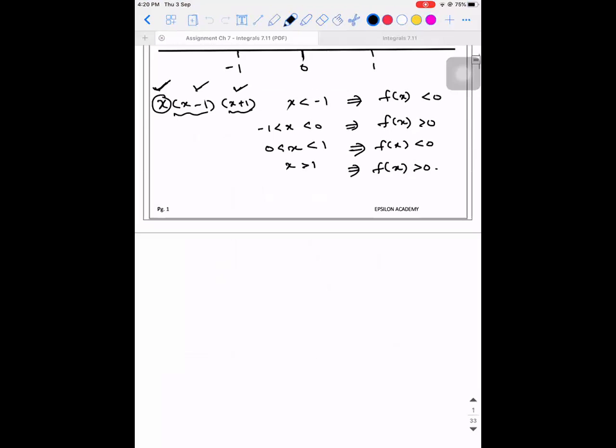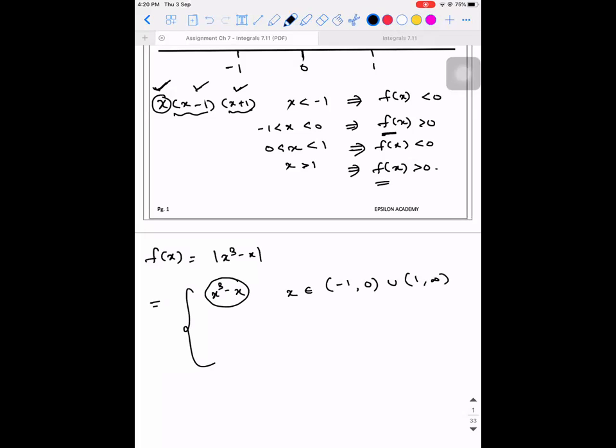I'm going to write the given function f of x equal to mod of x cube minus x like this. It is written as x cube minus x where the function is positive, when x belongs to minus 1 to 0 union 1 to infinity.